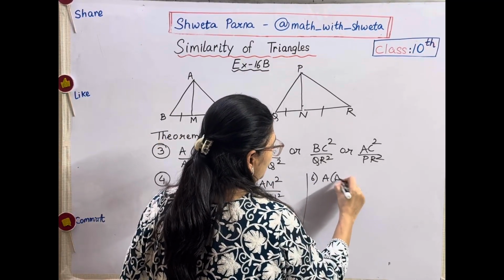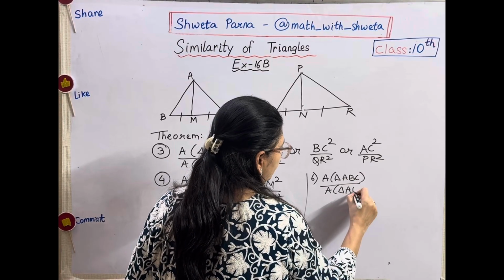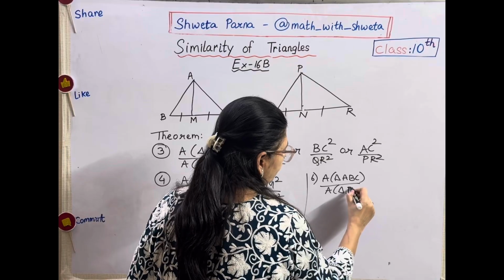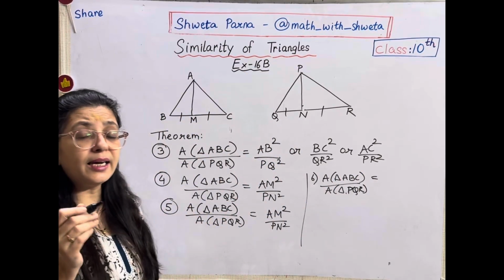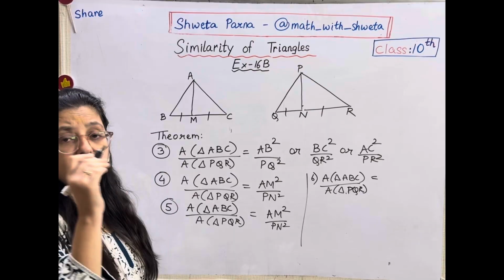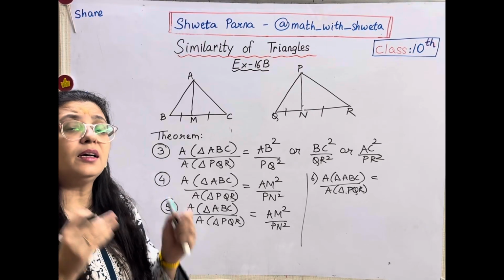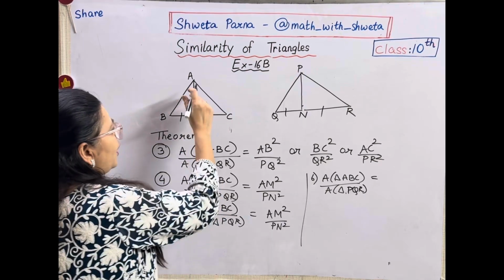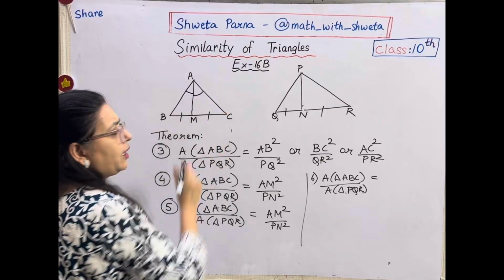Then comes the area of two similar triangles, which is also proportional to the squares of the segment which cuts the angle into two, also called the angle bisector segment. Say for example, AM bisects the angle equally.